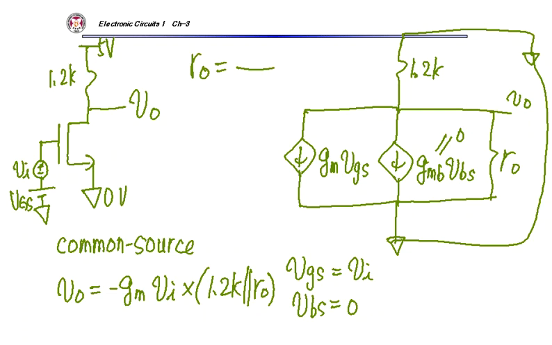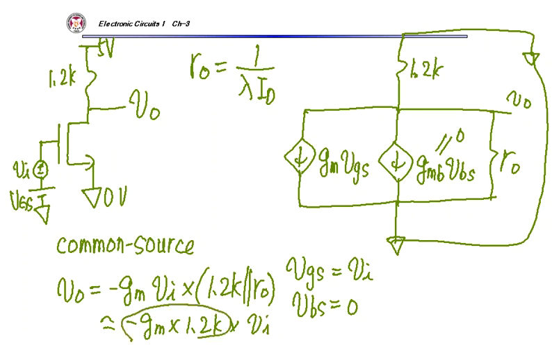It is 1 over lambda ID, and this is a DC current, pretty large. So minus gm times 1.2K is my small signal voltage gain.